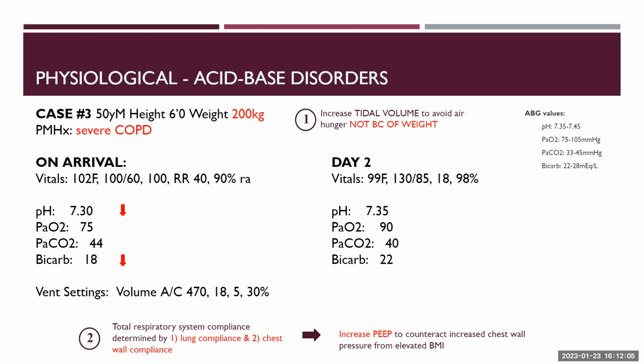You're just counteracting that, and unless you go to very, very high PEEPs, you would not really see a big change in oxygenation. Now, your PaO2 would definitely change, we go from 90 to 100 or 110 or something like that. But that still is not what you expect if you apply the same principle to someone who doesn't have a high BMI. It would be a much more pronounced effect. I see. Thank you.